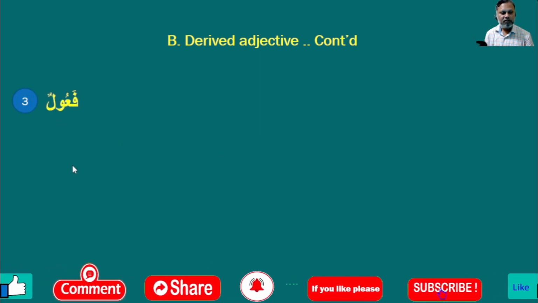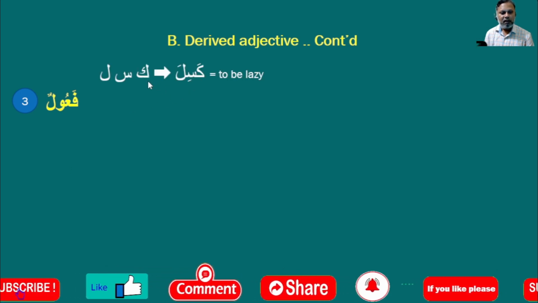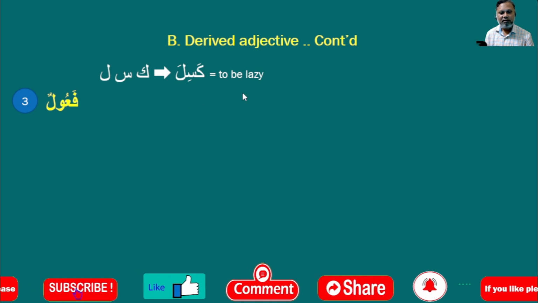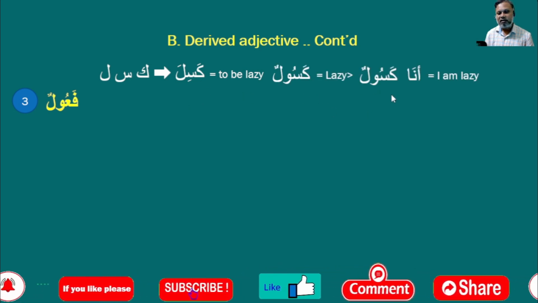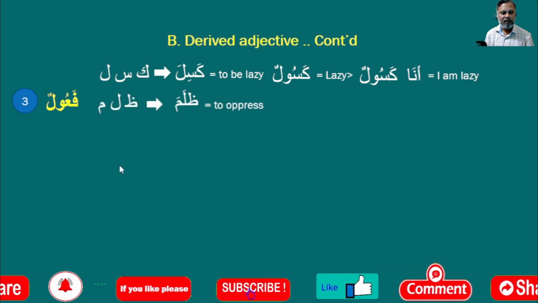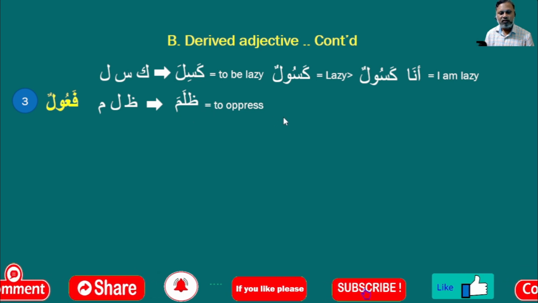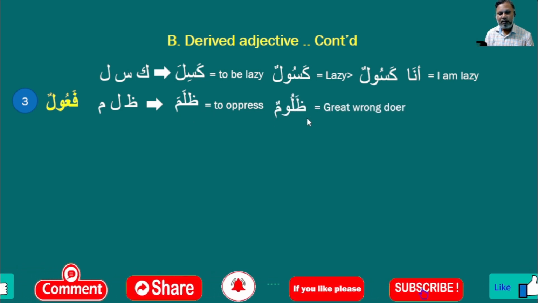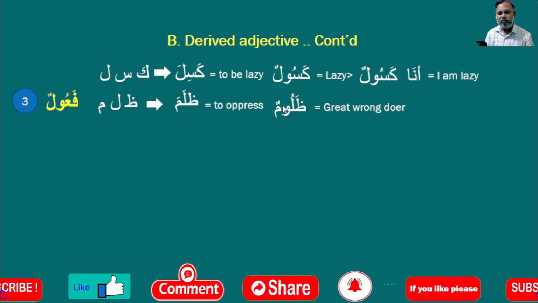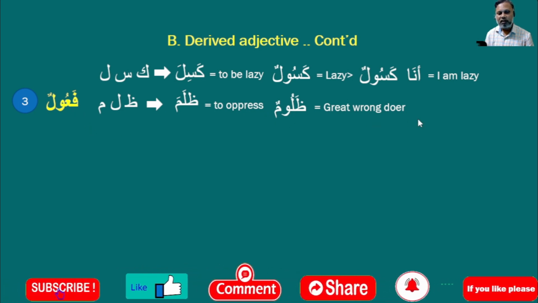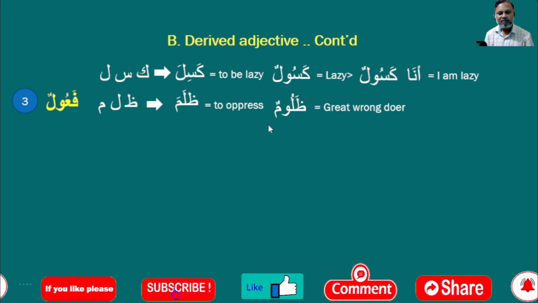Fa'ulun, fa'ulun is also used often. Like kasila means to be lazy, and kasulun means lazy. Like ana kasulun, I am lazy. And zalama, zalama means to oppress. And zalumun, fa'ulun, zalumun means great wrongdoer. Zalim, king, sometimes we say.